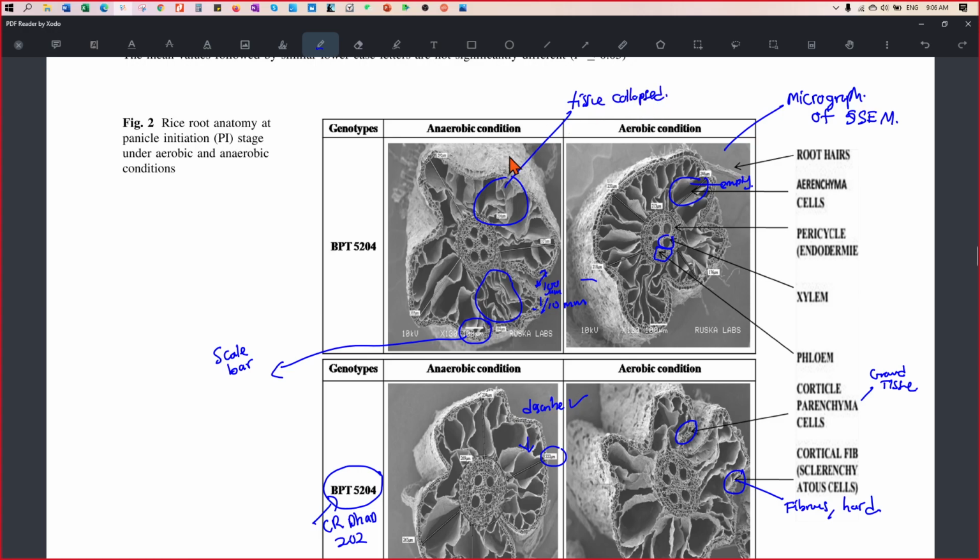Tissue collapse. Very often when this is done, it's not properly dehydrated. But that's beside the point.